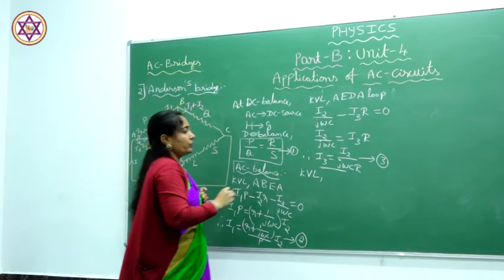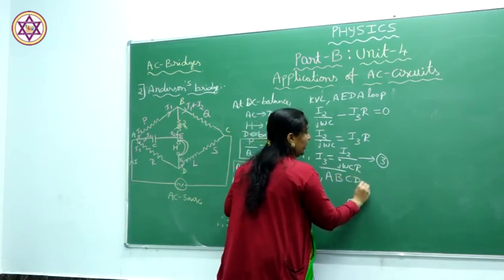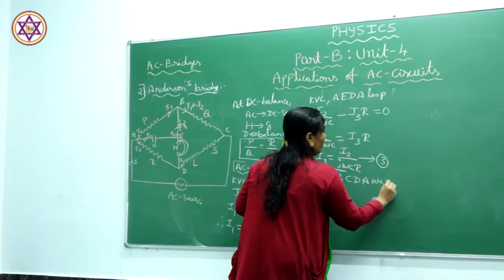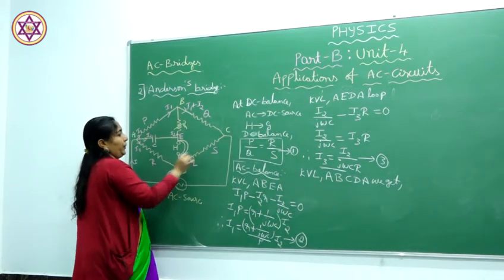Now we apply Kirchhoff voltage law to the complete loop ABCDA. What are the currents flowing through if we consider the complete loop?